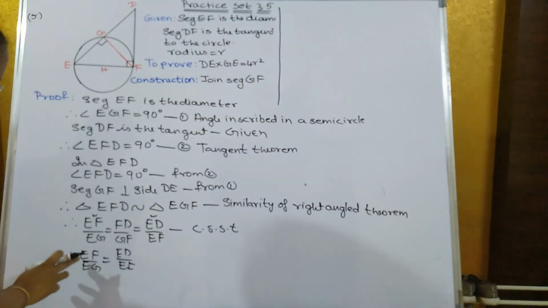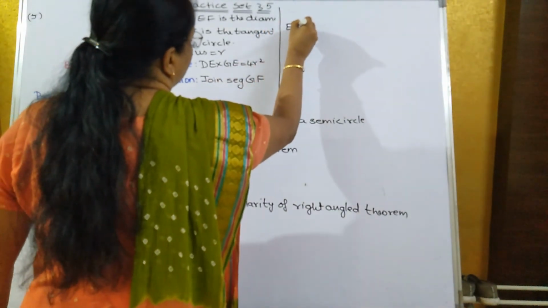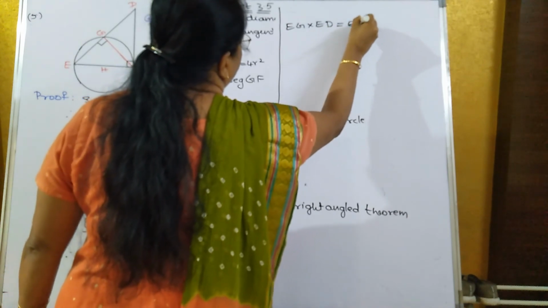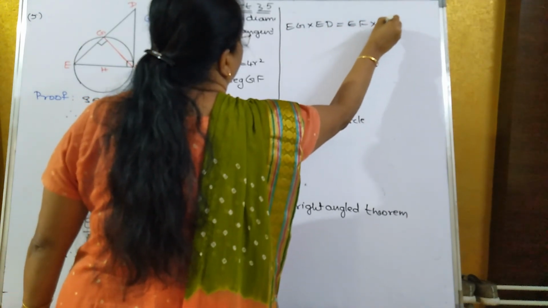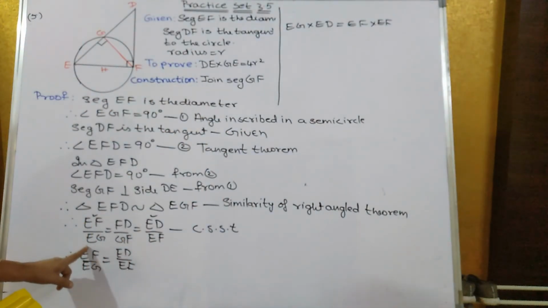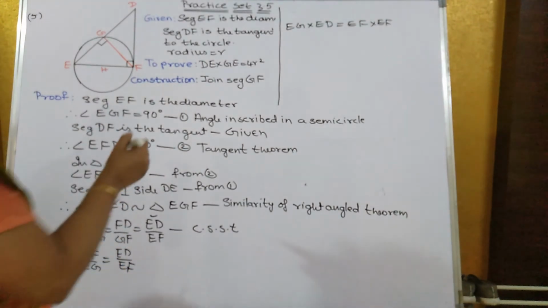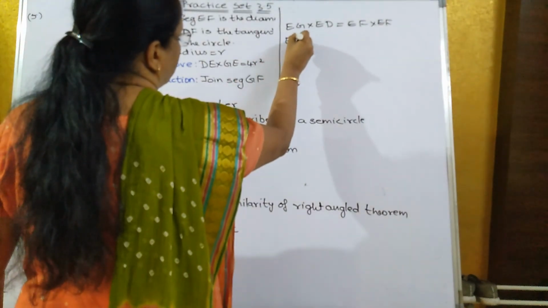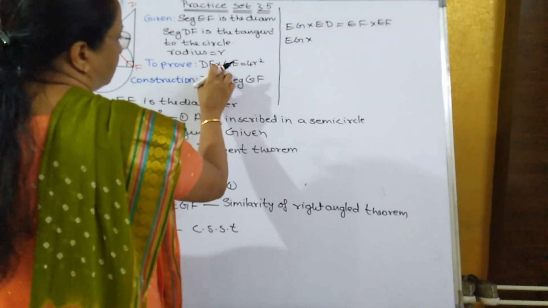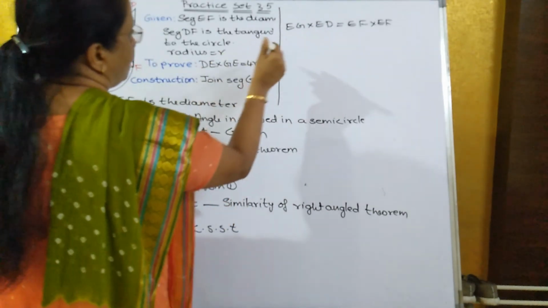Now cross multiply: EG into ED is equal to EF into EF. So that is equal to how much? Instead of EG we will write GE, GE into DE.